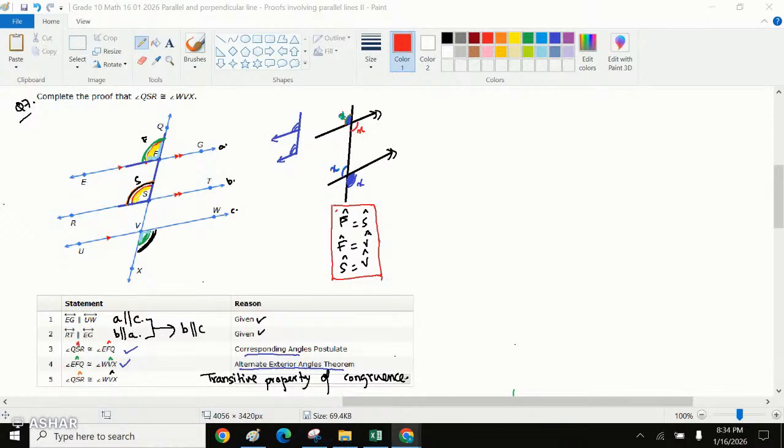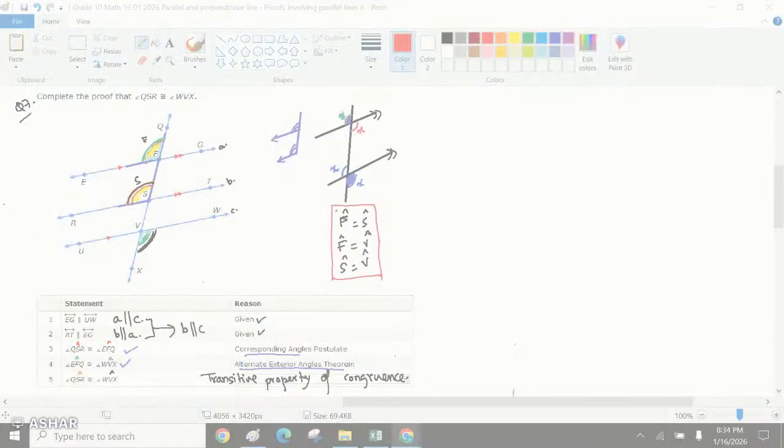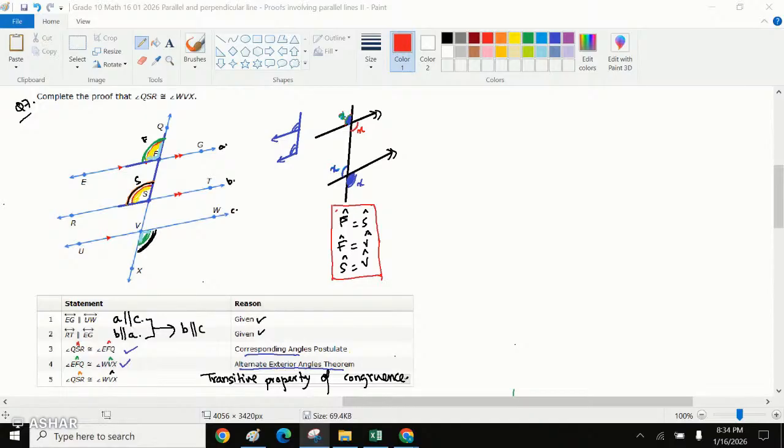Let's do one more example. Then let's do the questions from the test. Okay. They are saying we need to complete the proof. Question number 8.